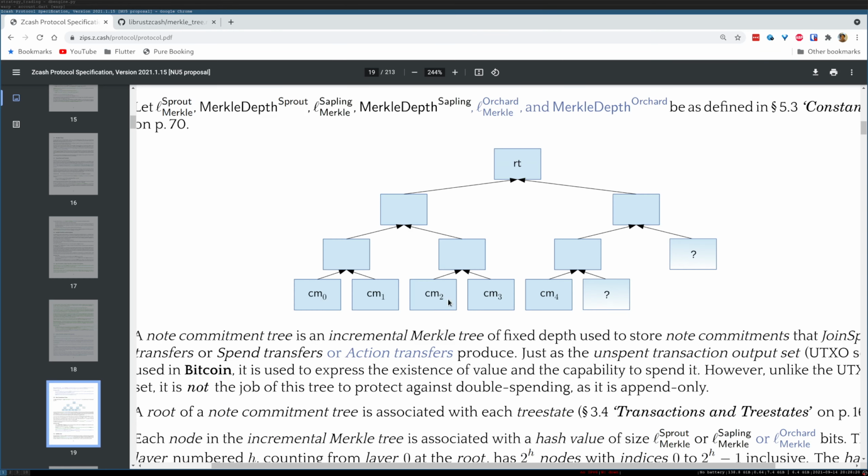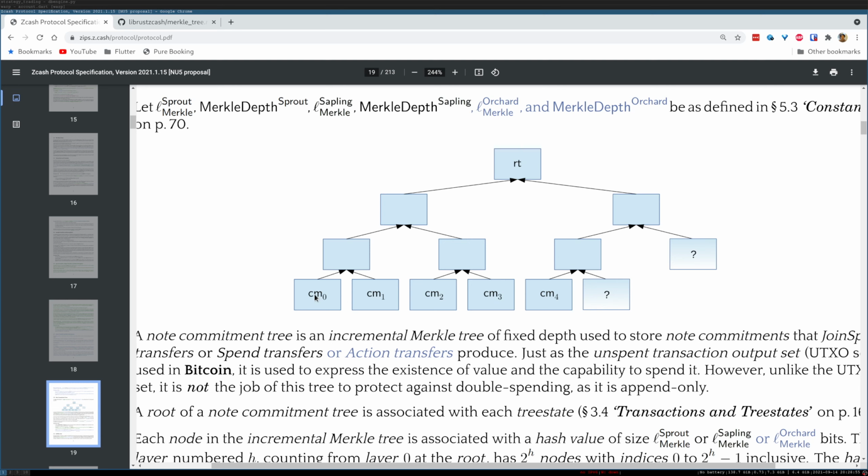So if you have CM2, and you don't have CM3 yet, so this guy is empty, what you can expect is that CM2 becomes left, so left becomes CM2, and right becomes none, because basically you jumped to that particular area of the tree. CM2 is left, CM3 is not there yet, so this should be none.